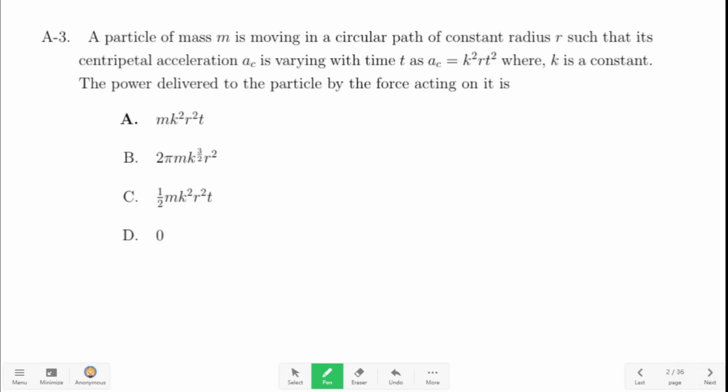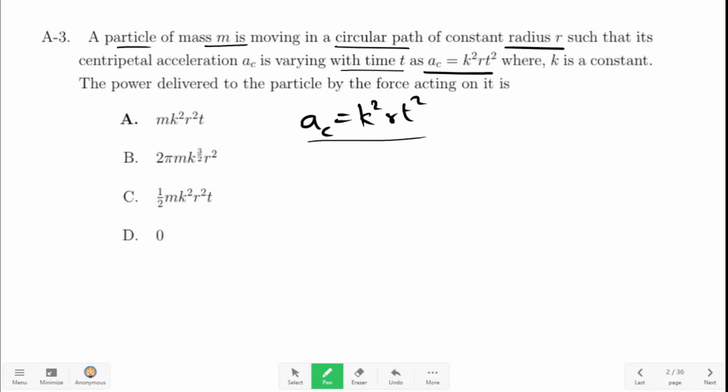Here we are given centripetal acceleration to be equal to k square r t square. We have a particle of mass m. It is moving in circular path. Radius of the circle is small r and its centripetal acceleration is varying with the time. It is given AC is equal to k square r t square. Now centripetal acceleration is also given by v square by r.